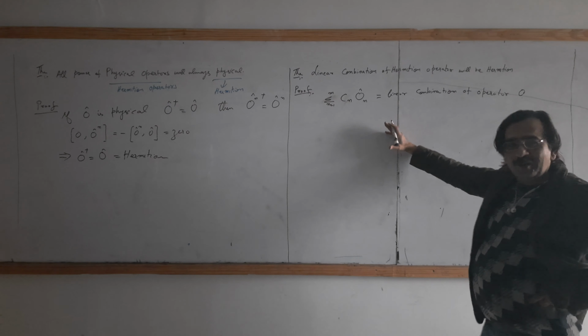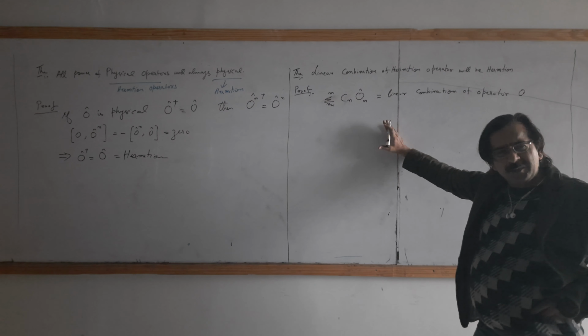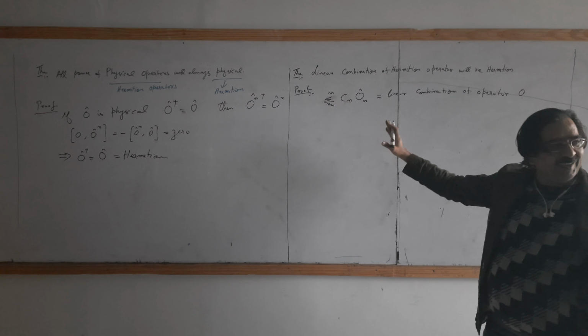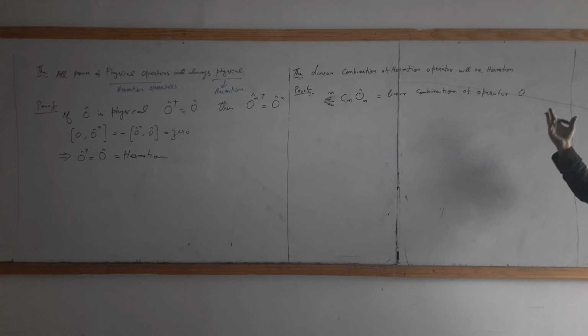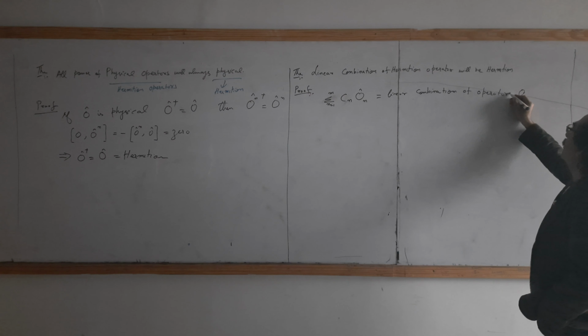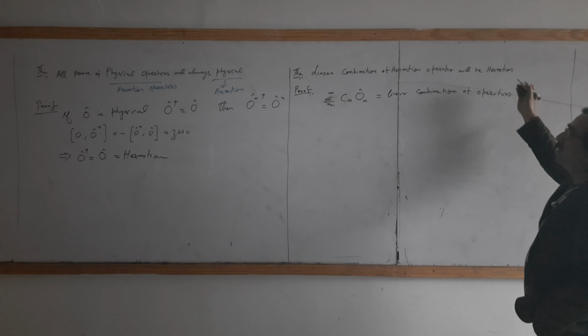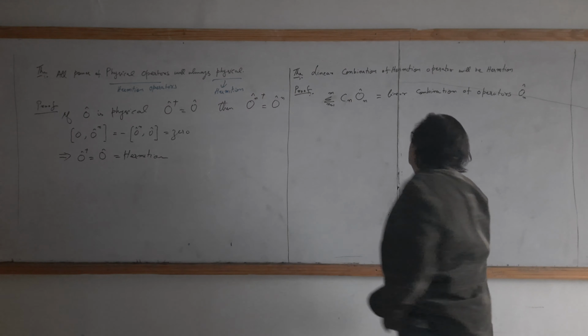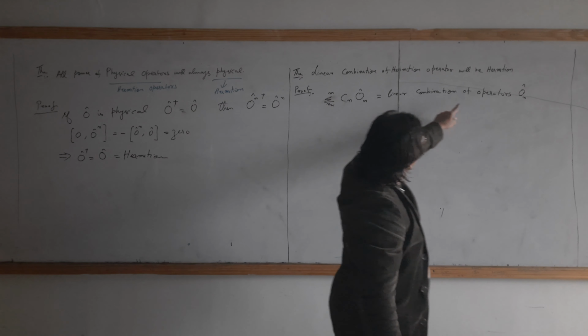I have written O and not written alpha, but that is up to you. These C are numbers, and n equals 1, 2, 3, up to n. The O are operators in the combination.